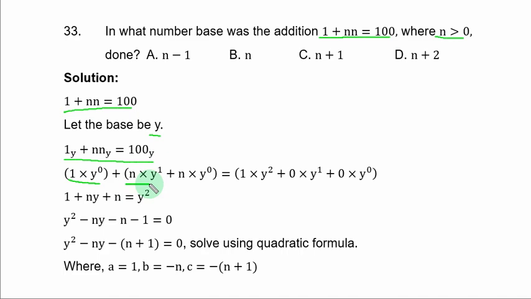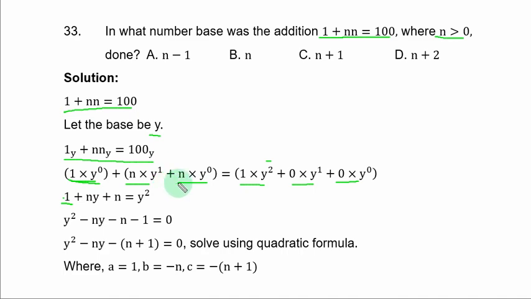Second number, n times y power 0, plus n times y power 1, equal to 1 times y power 0 plus 0 times y power 1 plus 0 times y power 2? Sorry, 1 times y squared. You simplify. Y power 0 is 1. 1 times 1 is 1.